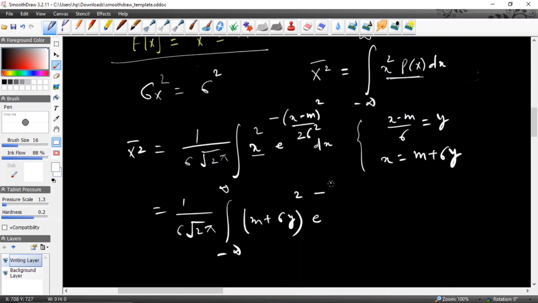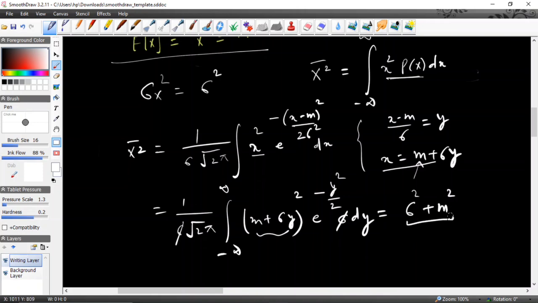So dx will become sigma times dy because m is a constant. So this sigma and sigma get cancelled. Then you can expand this using (a plus b) whole square, and you can further solve it. It comes out to be sigma square plus m square. This is the mean square value of the random variable.